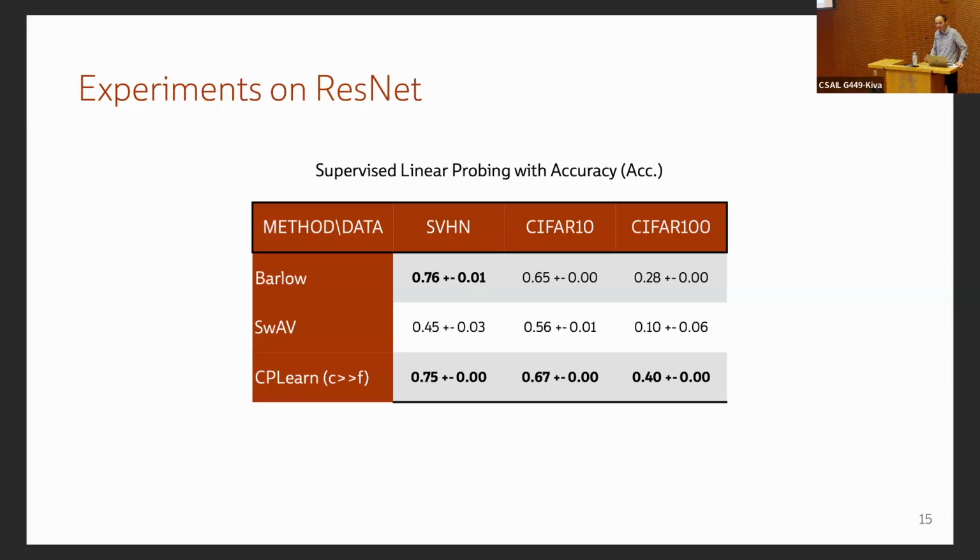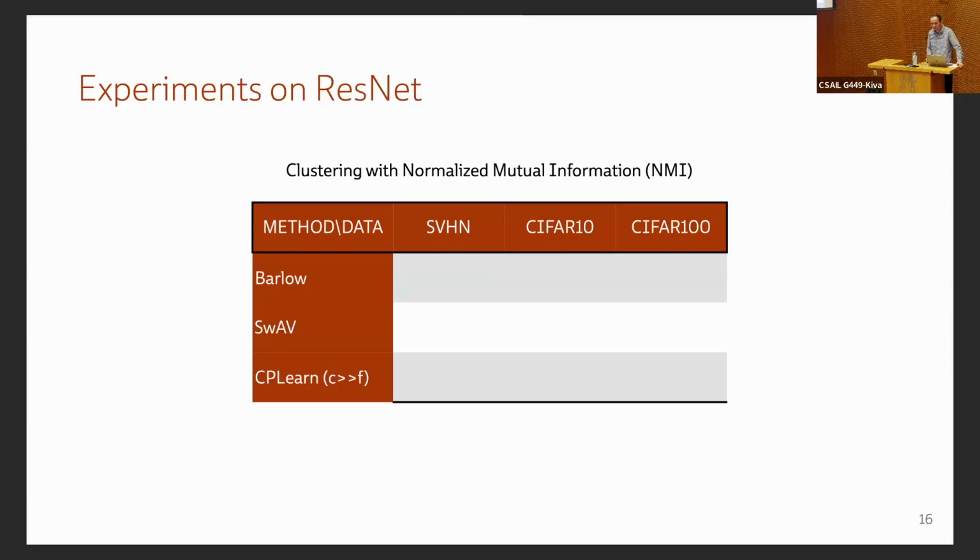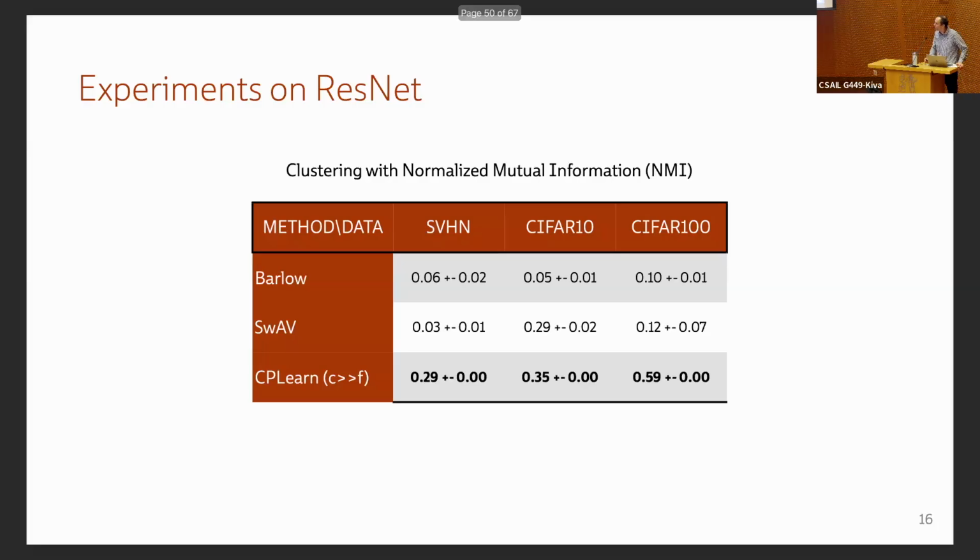But what is interesting here is that we want to demonstrate that we can retain more information about our data. And so if you evaluate the clustering performance, you will see a much larger improvement thanks to these guarantees.